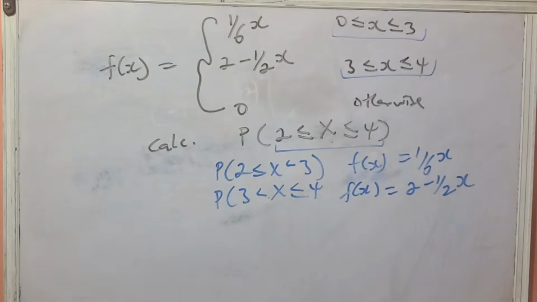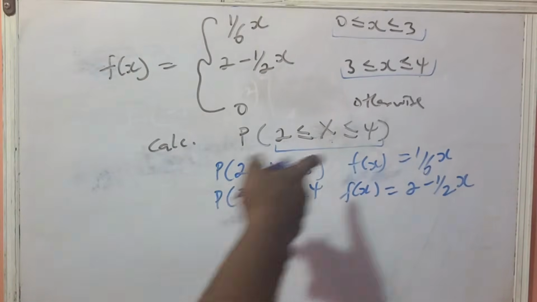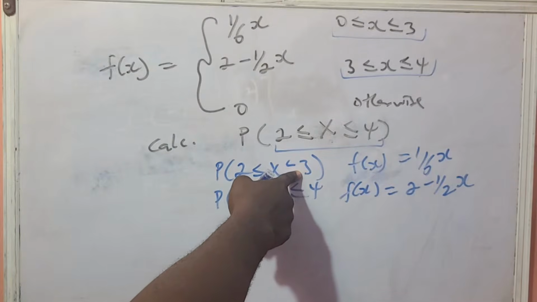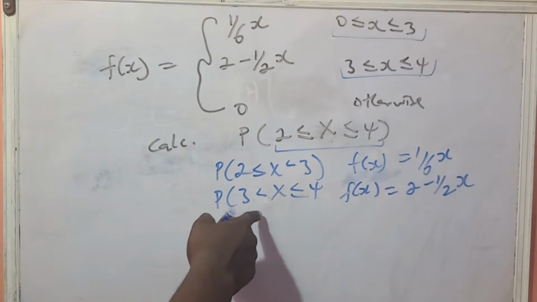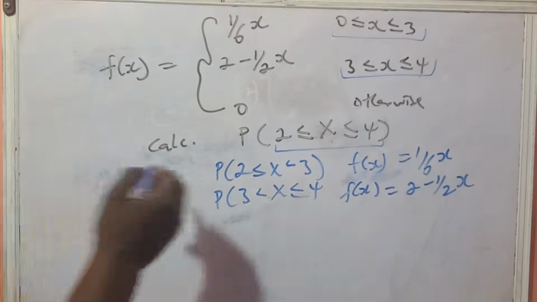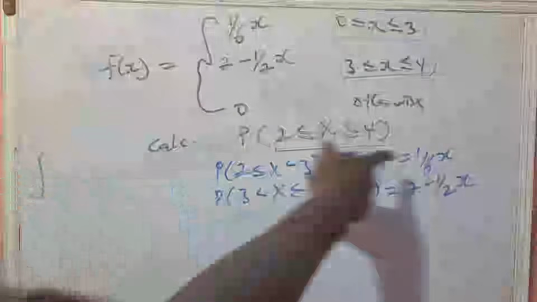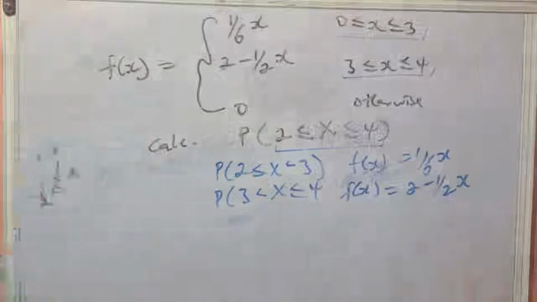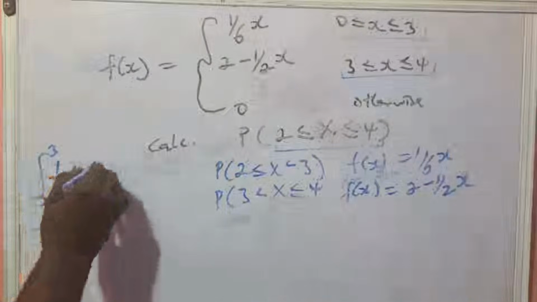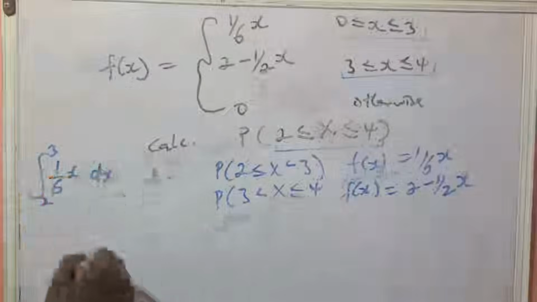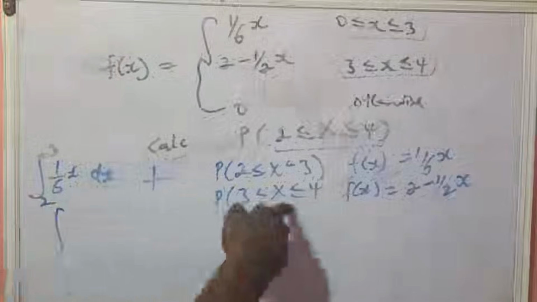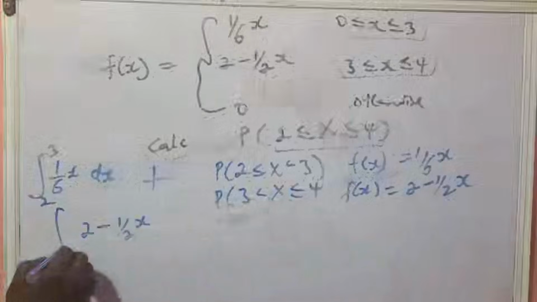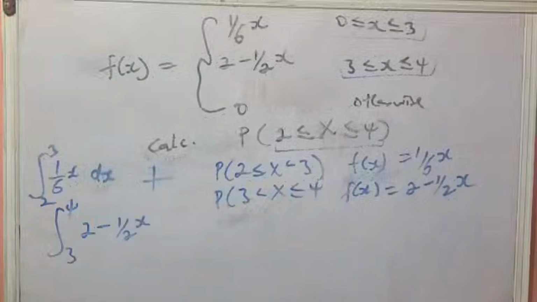So you go and find the probability of 2 to 3 and add it with that of 3 to 4. So you'll have the integration of 1 over 6x from 2 to 3 with respect to dx, and then you'll add the integral of 2 minus 1 over 2x with the range 3 to 4.